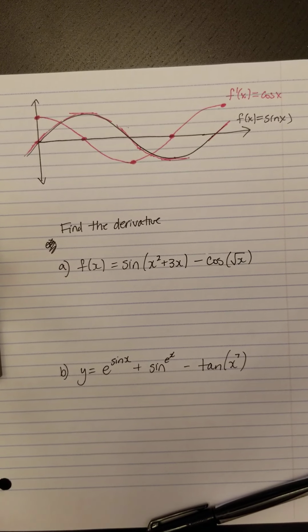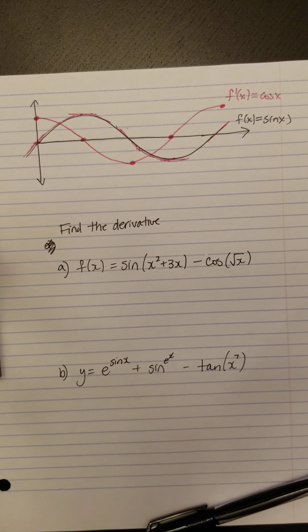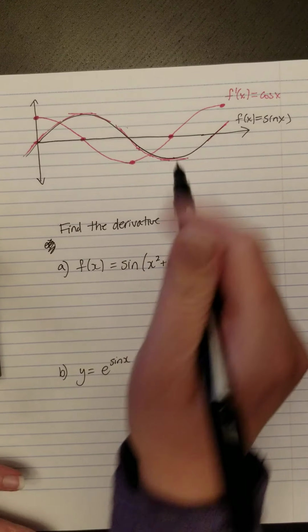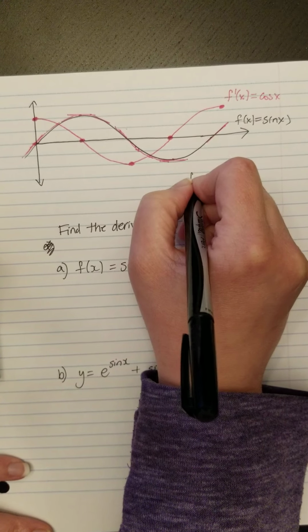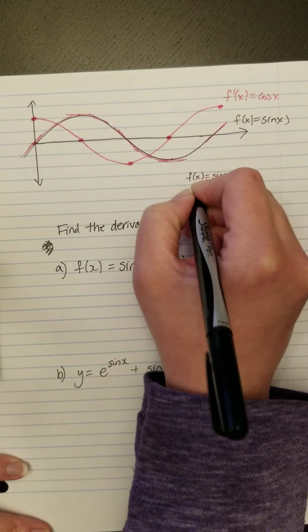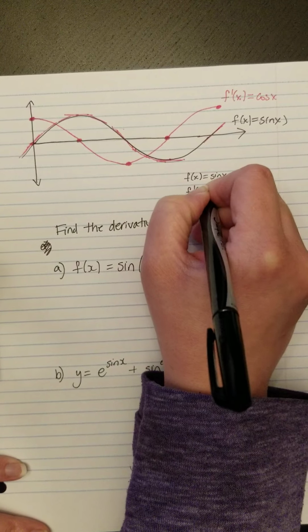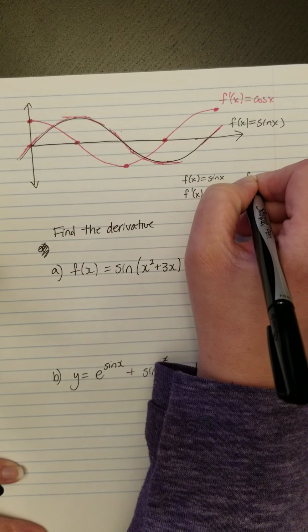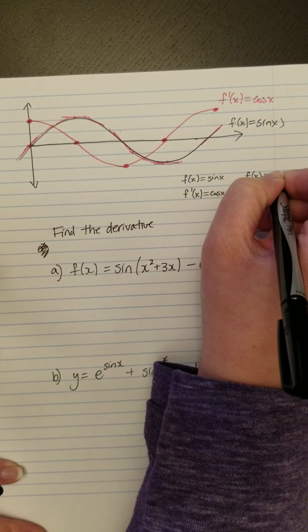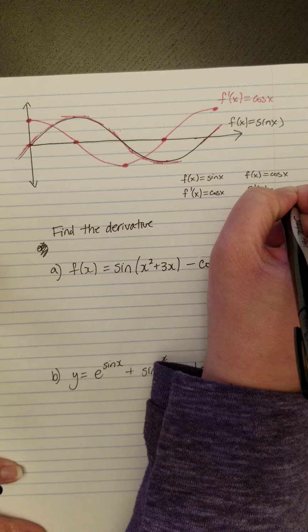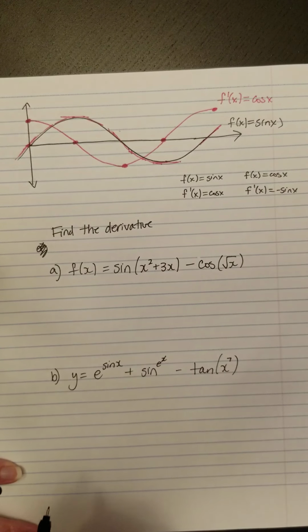Everybody always wants it to be sine because wouldn't that be cool, but it's actually negative sine just because of how it's shifted. So we know, and I've posted up a summary here, that if f of x equals sine x, f prime of x equals cos x. And if f of x equals cos x, f prime of x equals negative sine x.